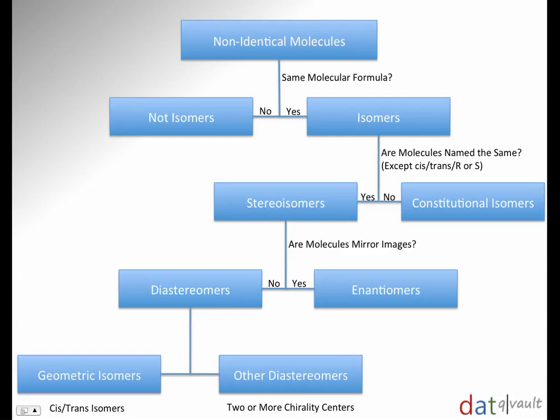And then the two different diastereomers that you can have are geometric isomers and all other diastereomers. Geometric isomers being cis and trans, E and Z configurations, such as alkenes. But all the other molecules which have two or more chirality centers in the molecule would be considered diastereomers.